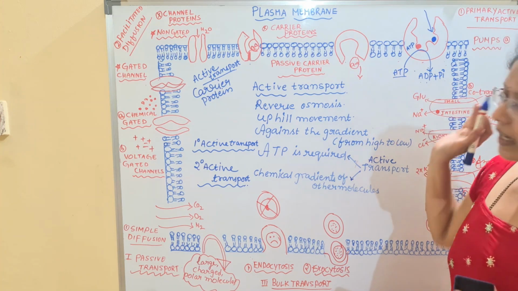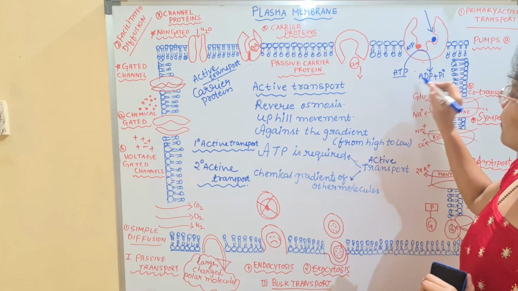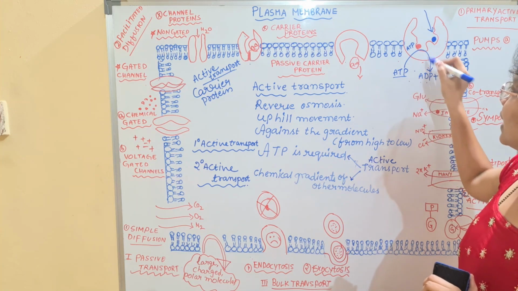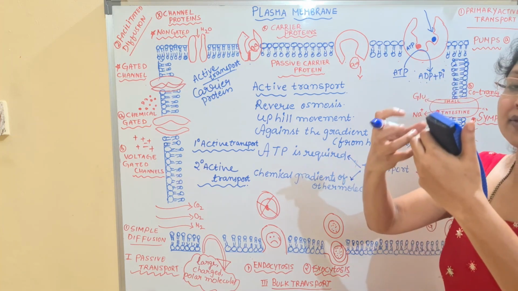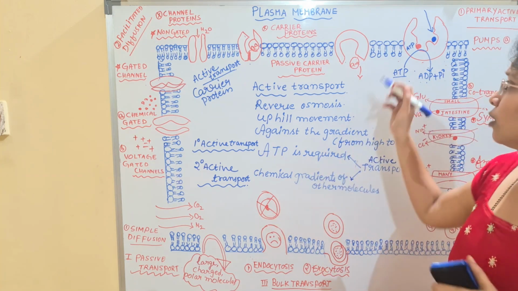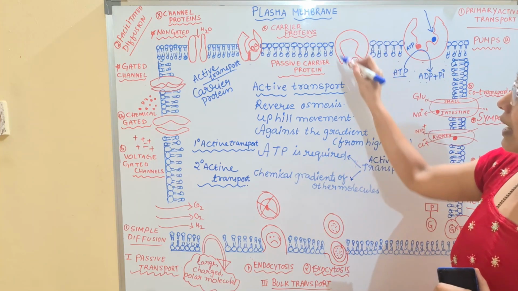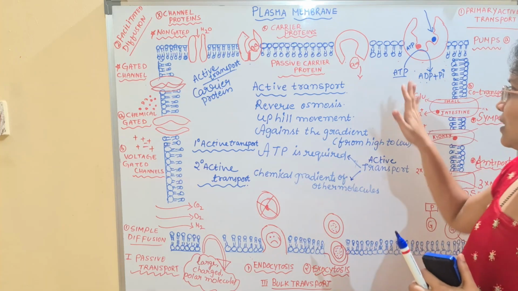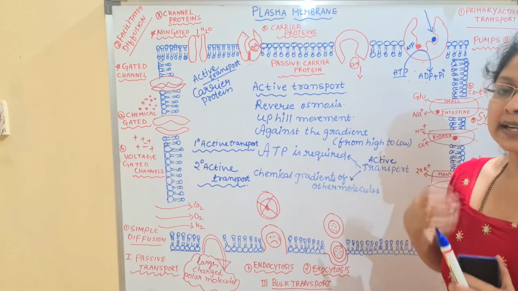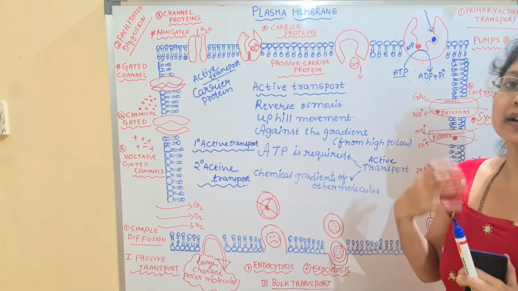The substrate is ultimately released, and when the ATP is hydrolyzed, the ADP and Pi are formed. Immediately this ADP will be released or disassembled from the carrier protein, which will lead to the reorganization of this carrier protein back to its state. So once the hydrolysis is done, it is a signal for the carrier protein to get back to its native state.